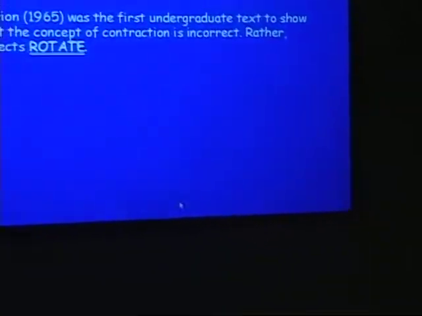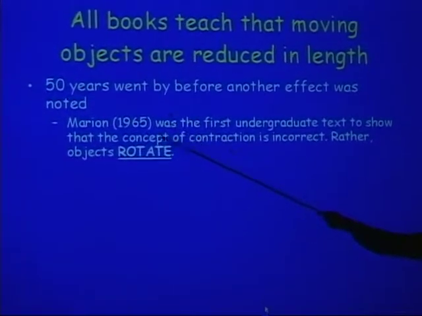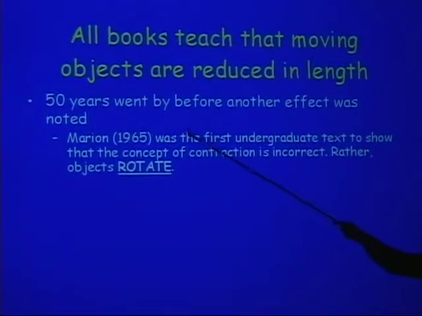So you can find modern books published in the last 5 years that mention that mass increases with velocity. But let's keep going. I mentioned Marion, and here's a little precursor of something else we're going to talk about that is still taught in a way that is probably wrong.